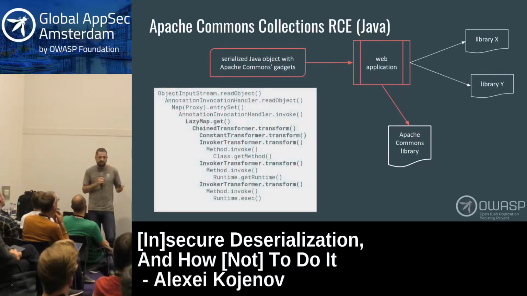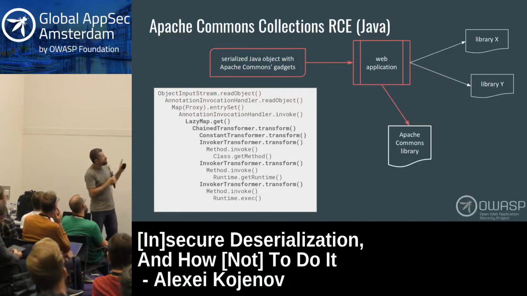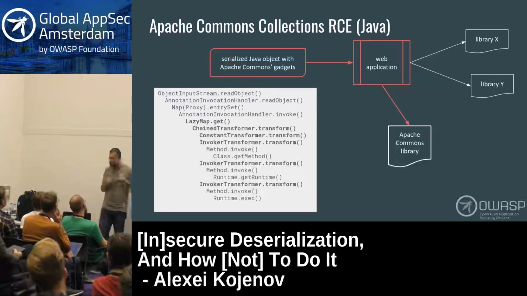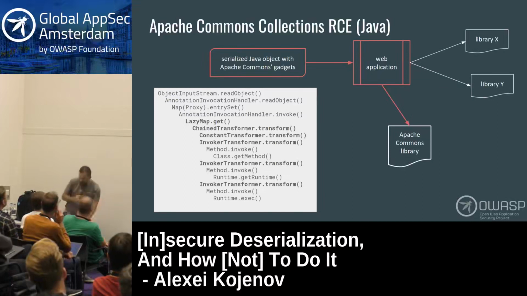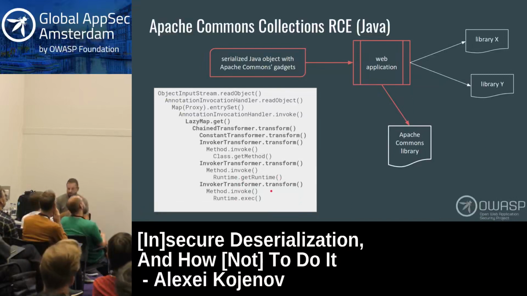But basically what happens is this is a sample sequence of the method calls that's happening when such gadget chain is deserialized. The things in bold are the classes and methods from Apache Commons library, but we also have some standard Java stuff. And right here we can see that we get runtime. And right here, we call runtime.exec to execute OS command.